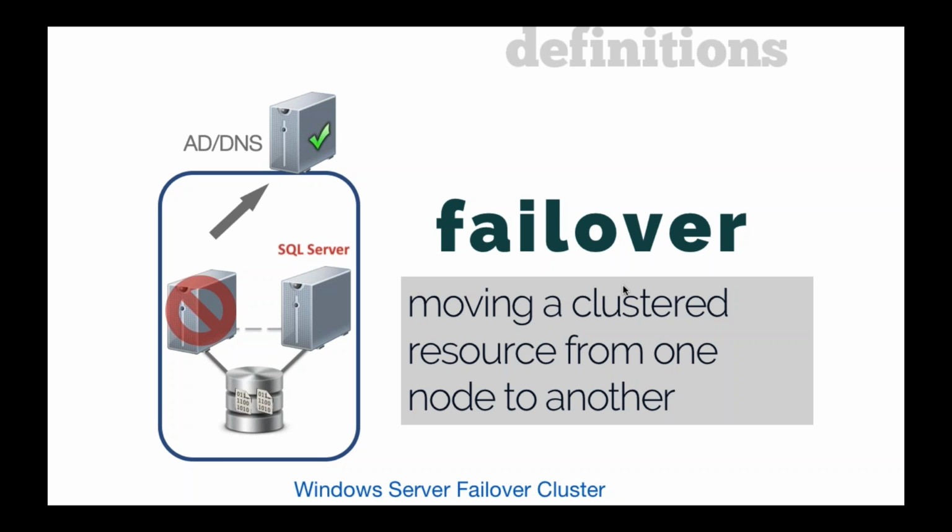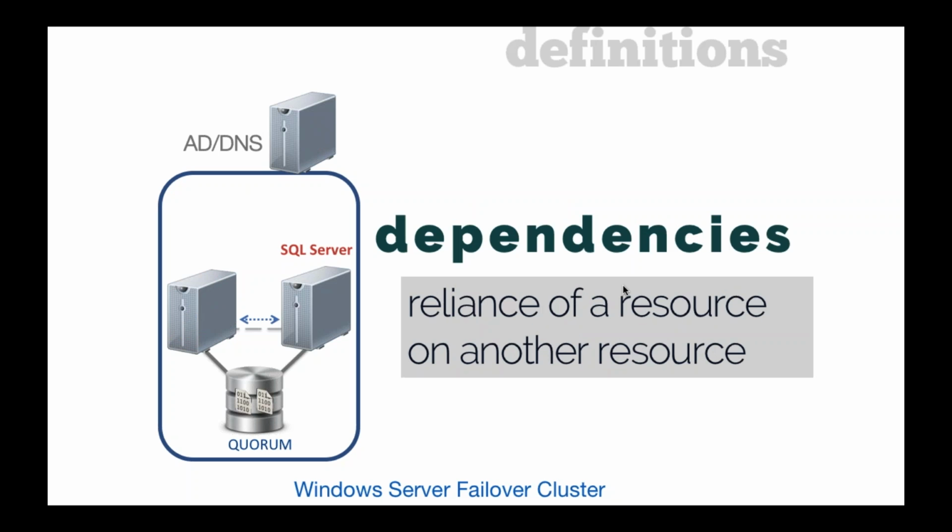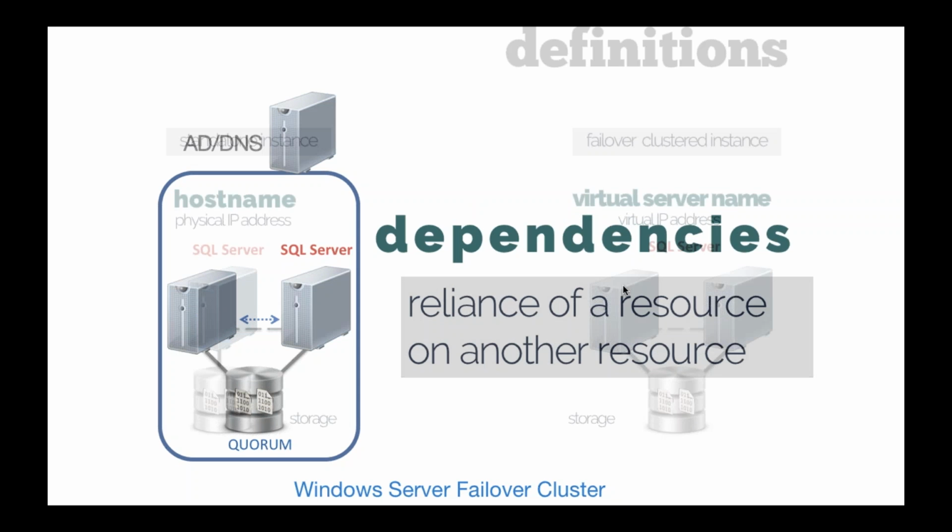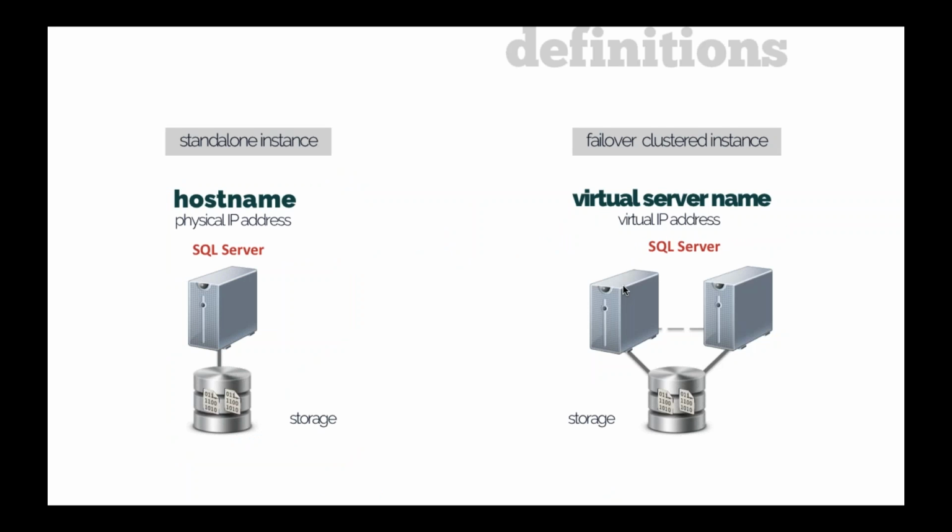I mentioned dependencies, and dependency is basically just the reliance of a resource on another resource. I'm going to use the image or the graphic that I showed you earlier and draw parallels between the two. I'm going to start off with the SQL Server agent. Of course, you might be wondering, are we just talking about SQL Server, the database engine?